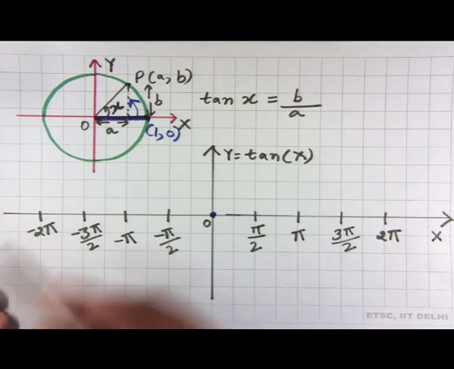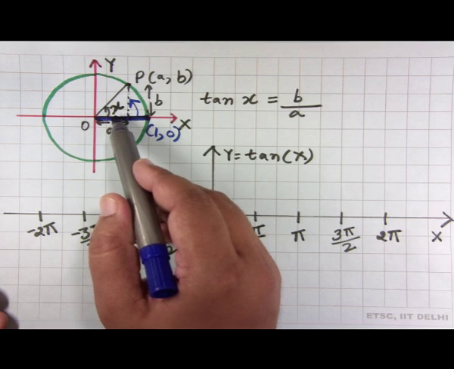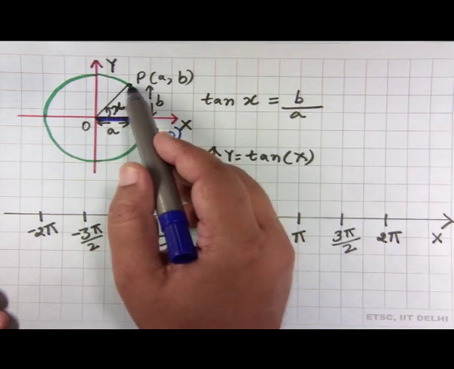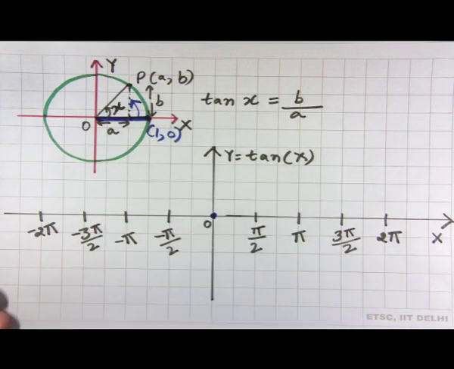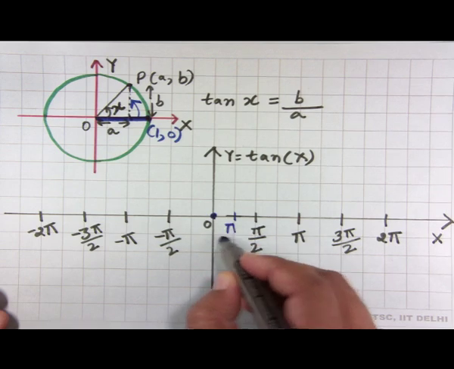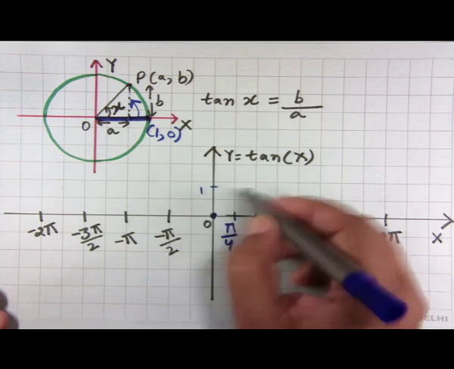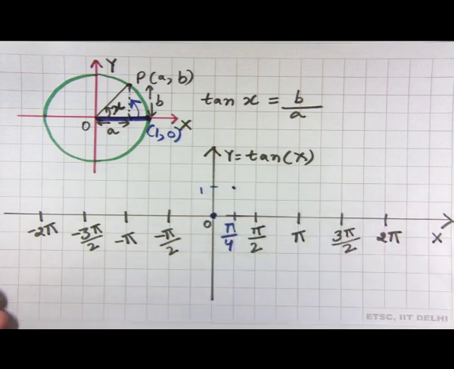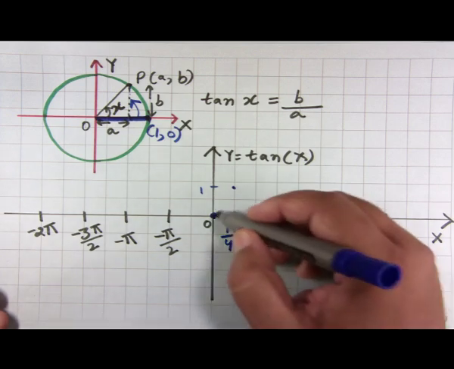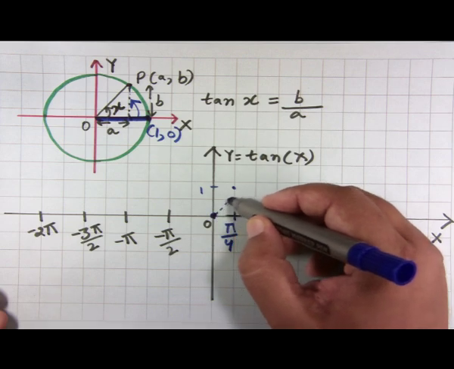And therefore, when x is equal to 45 degrees, tan of x will be equal to 1, because both the coordinates are 1 upon root 2. So, that point is somewhere here. So, when x equal to pi by 4, so let us say this is 1. So, the value of tan x will increase from 0 to 1, like that.